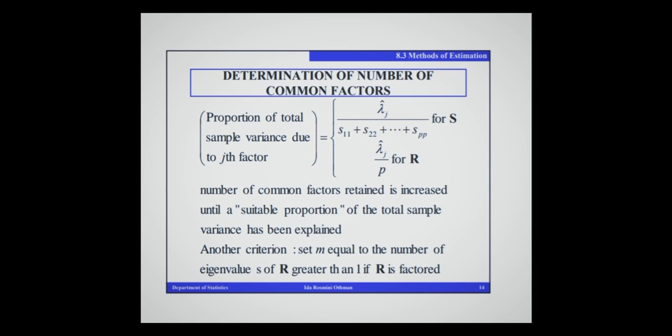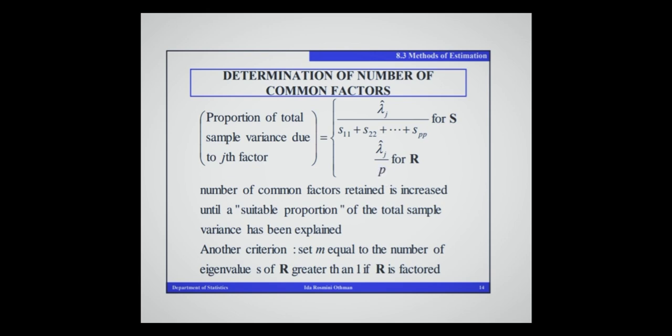Okay, so kalau gunakan variance covariance matrix, is a formula. The eigenvalue for each of the factor divide dengan total of the variance. Kalau gunakan correlation, the eigenvalue tadi for every factor divide dengan P.